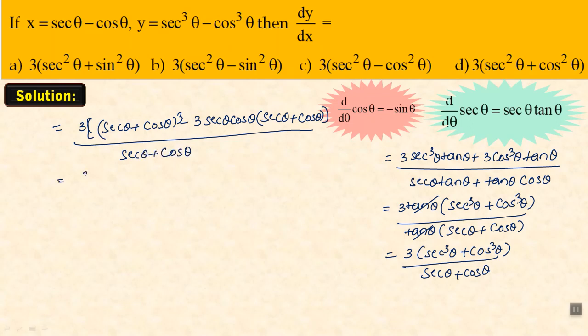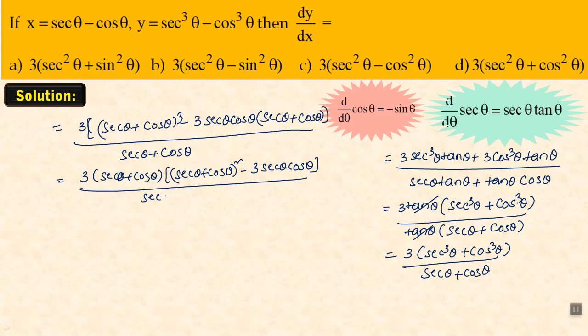This equals 3 into, in these two terms secant theta plus cos theta is common, into here secant theta plus cos theta whole square minus here 3 into secant theta into cos theta, whole divided by secant theta plus cos theta.